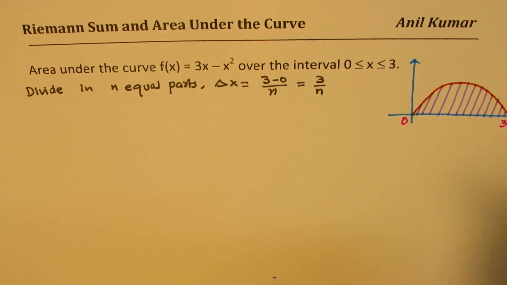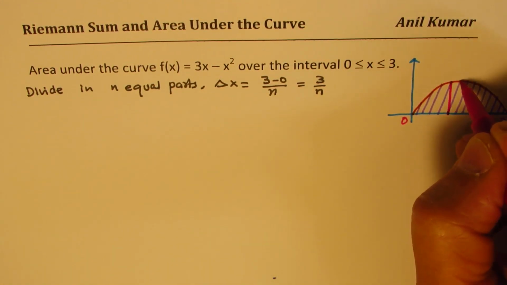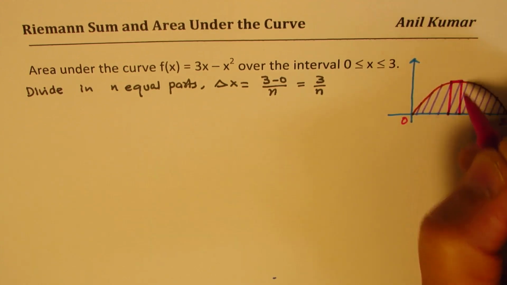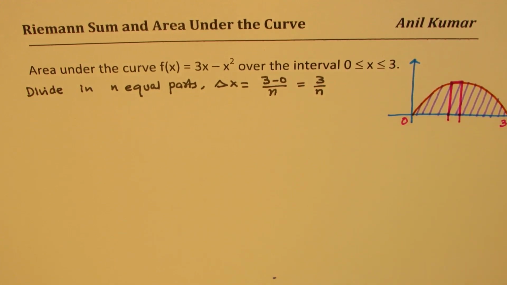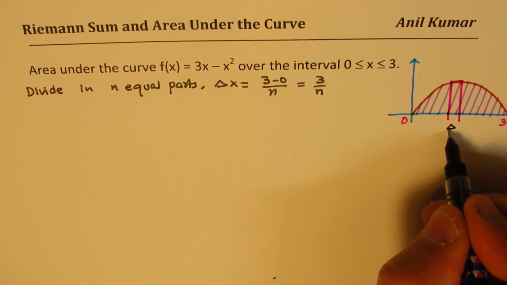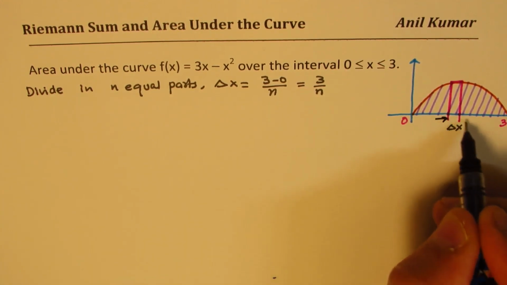So every part of this, which we are calling our rectangles, will be, let me make a bigger one here, right? Every rectangle here will have a width which is delta x, correct? So that is the width of our rectangle.